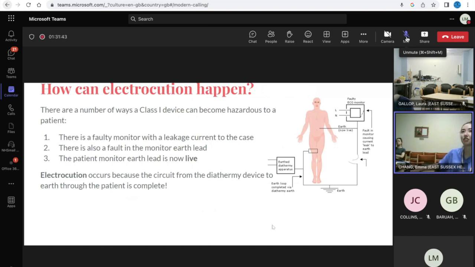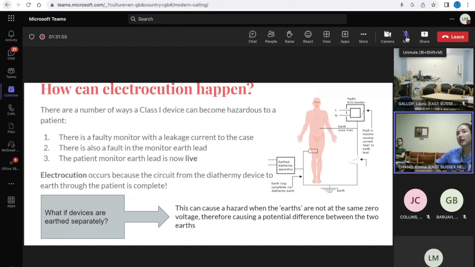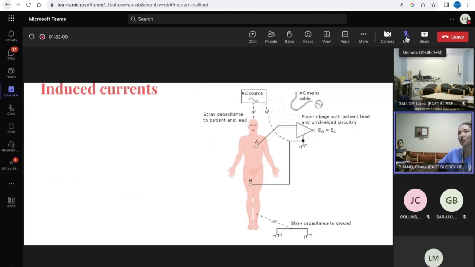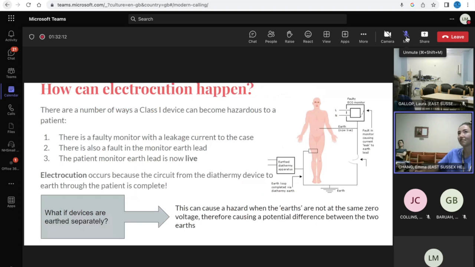And then the circuit through the patient is a complete circuit, and the current will flow through the patient instead of down into the earth. A way in which they sometimes make devices safer is to earth things separately. But a problem with this is when the earths are not calibrated at the same zero, so there's still a potential difference between the two earths, and so you can still get electrocuted.